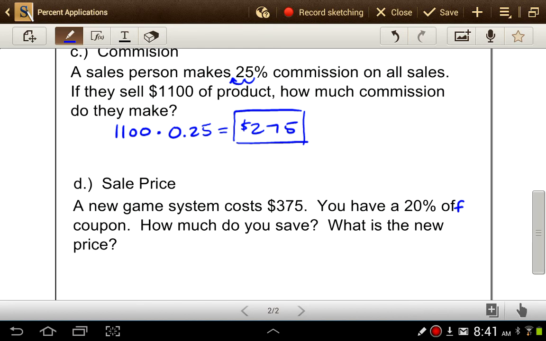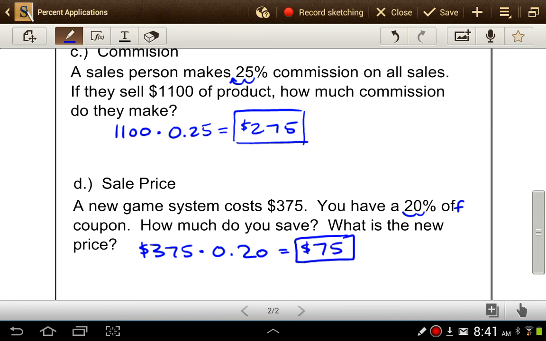To find this, I'm going to do the same thing. I take the price of the item, $375. I multiply it by the percent. In this case, I have to go 2 to the left, so that's going to be 0.20. And when you multiply that in your calculator, you get $75. So you are going to save $75.